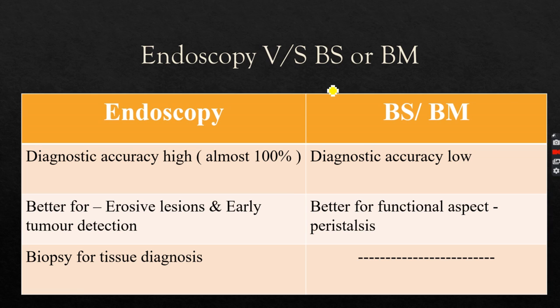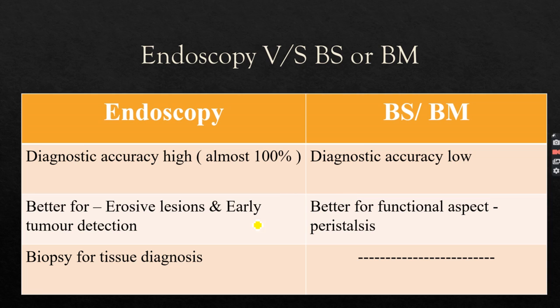But if we want to see the functional aspect of the esophagus or stomach, meaning the motility disorders and the peristaltic movement of these organs, obviously the barium swallow or barium meal is superior as compared to endoscopy.